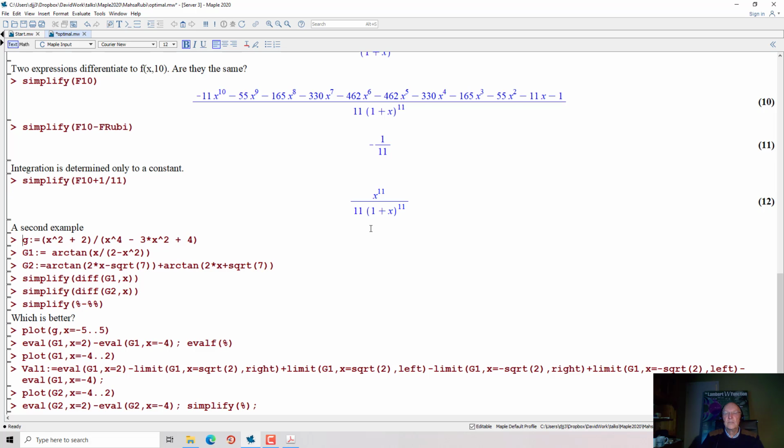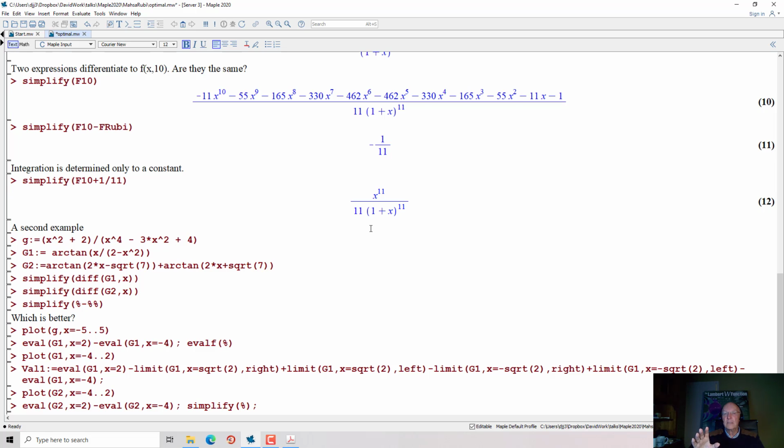And this is the difference between the algorithmic approach, which has a single algorithm that works for a whole class of functions, and something like Ruby, which looks at every special case separately. And that is the advantage of Ruby.